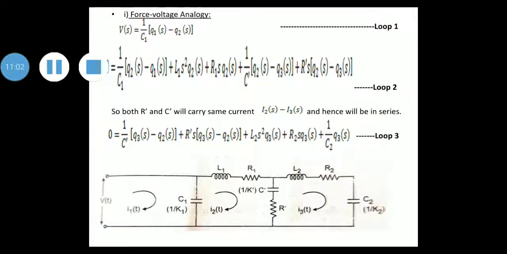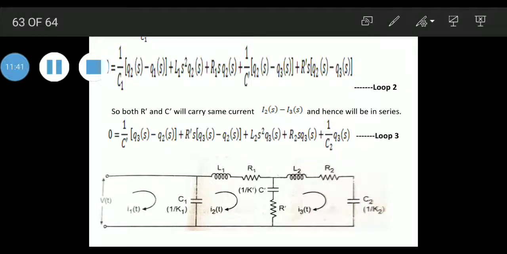So C dash and R dash will be in series, carrying current I2 and I3, because it is 1 by C dash times Q2 of s minus Q3 of s, meaning both I2 and I3 flow through C dash. Even R dash is Q2 of s minus Q3 of s. So R dash and C dash are shown in series, common to loop 2 and 3. Then L1 and R1 carry only I2, so L1 and R1 are in a series path in loop 2.